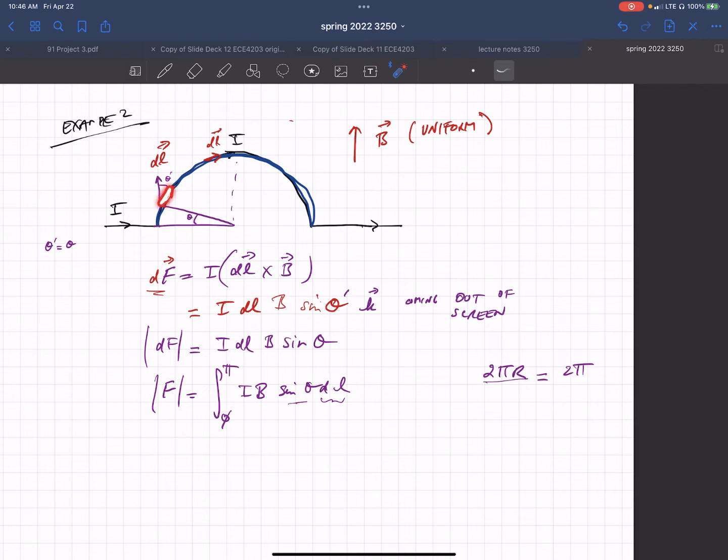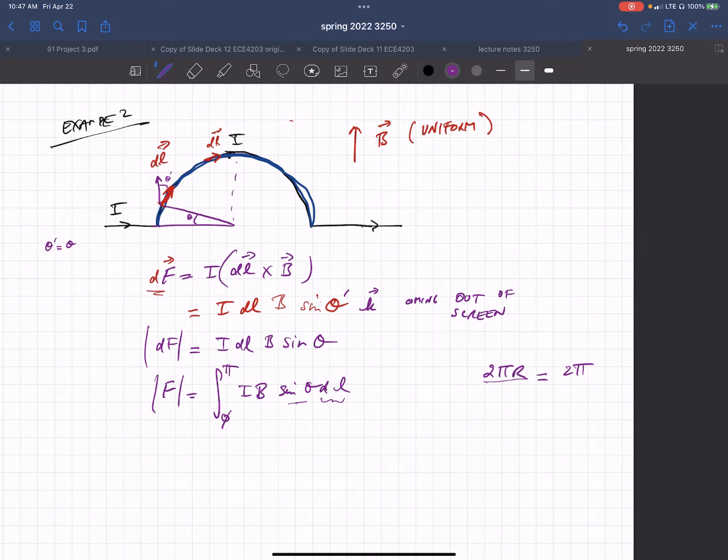That dl is kind of a wedge, a wedge that is d theta. You can divide the circle into a bunch of d thetas angularly.